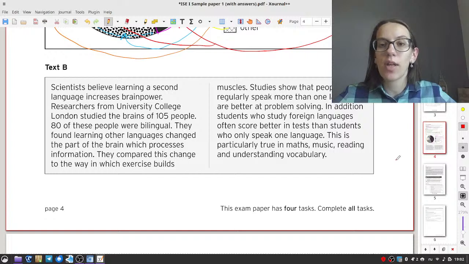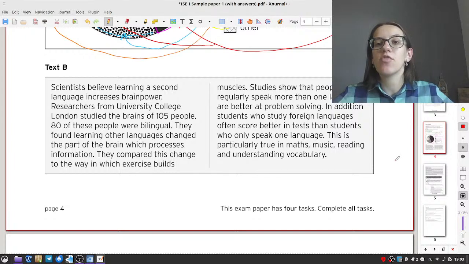Studies show that people who regularly speak more than one language are better at problem solving. In addition, students who study foreign languages often score better in tests than students who only speak one language. This is particularly true in maths, music, reading and understanding vocabulary.